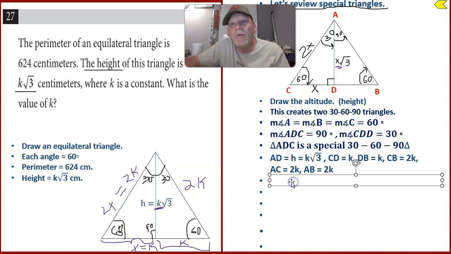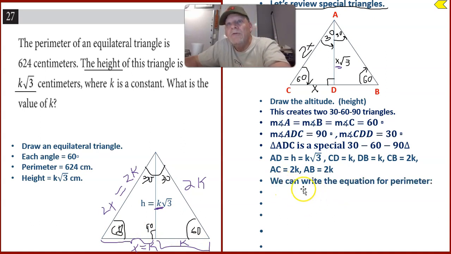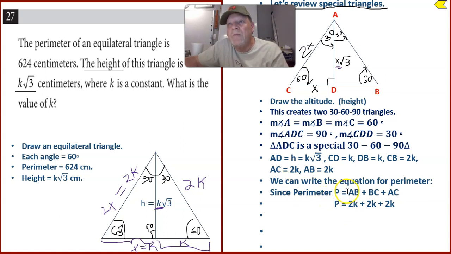So I can add all those up. So we can write an equation for the perimeter. So I know the perimeter is going to be AB plus BC plus AC, which means I'm just going all the way around. And remember, we could call this side a, this side b, and this side c.